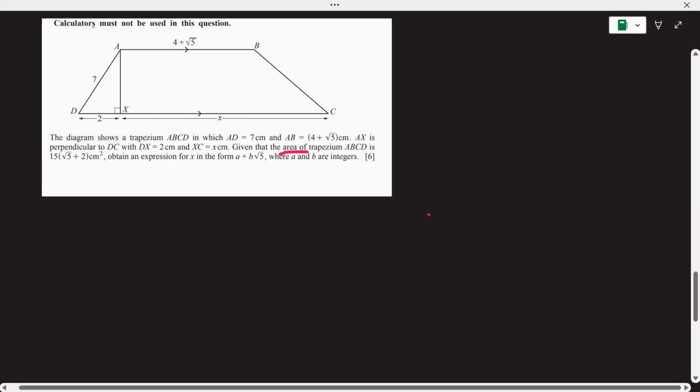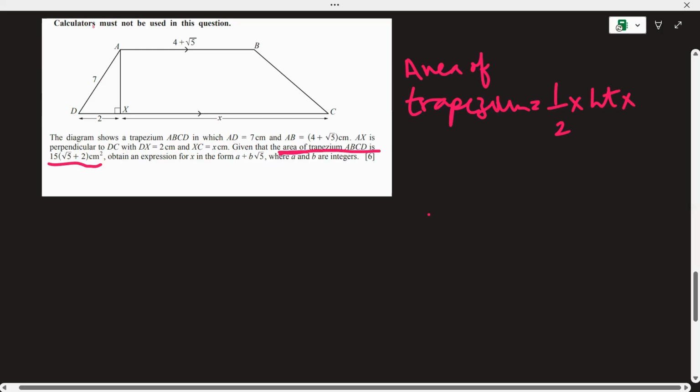Because the area is given, we apply the formula for area of the trapezium. Here you see that the area is given to you. Area of trapezium is this. So that's why we apply the formula for area of trapezium: half into height into sum of parallel sides.